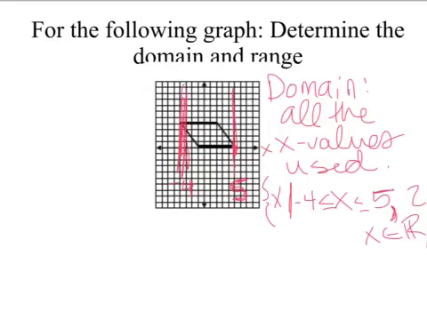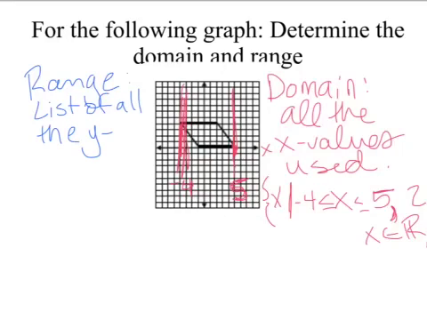So I'm going to go ahead and look at the range. I'm going to color code the range in blue. As a reminder, the range is just a list of all the y values we use.